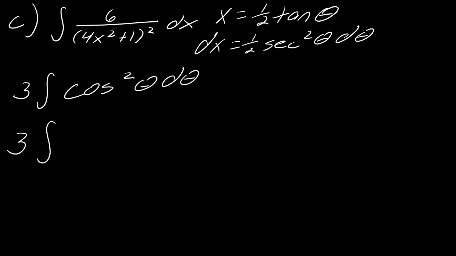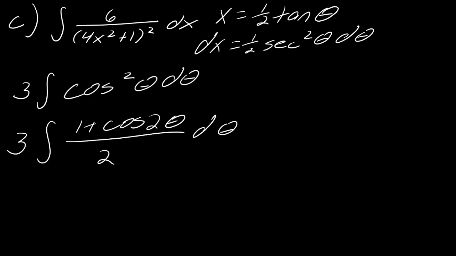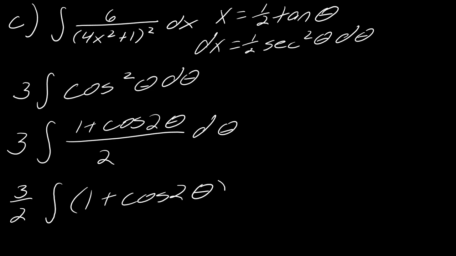This will be 1 plus cosine 2 theta over 2 d theta. Okay, so now I'm going to factor this 1/2 out, so I'm just left with 1 plus cosine 2 theta d theta. And now I can integrate.